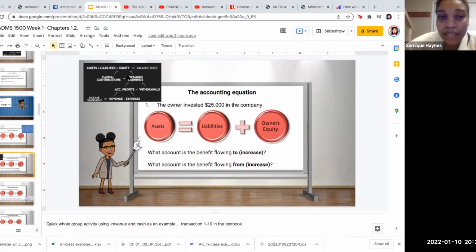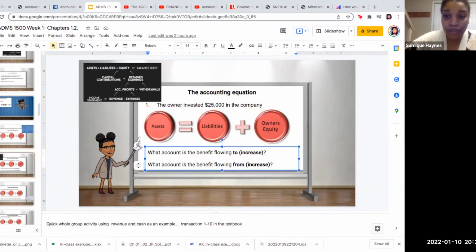Not retained earnings, no, that's different. Retained earnings is when we have to reinvest profit into the business. Exactly, increase equity. Very good, Joseph and Oshini. So once we invest $25,000 into the company, we are going to get cash. So cash will increase, as well as equity is going to increase.